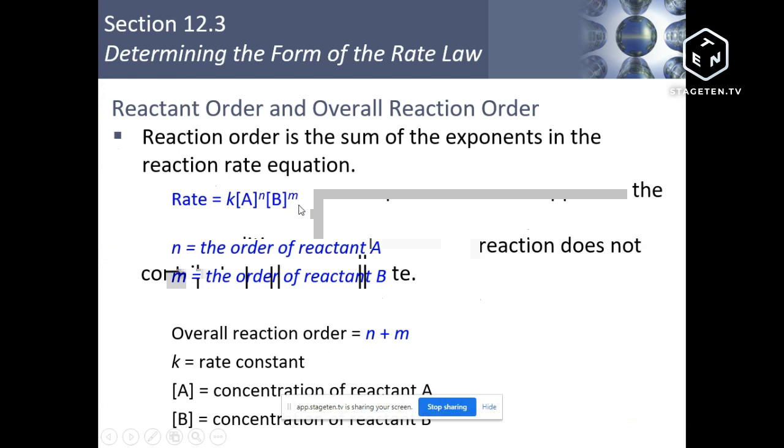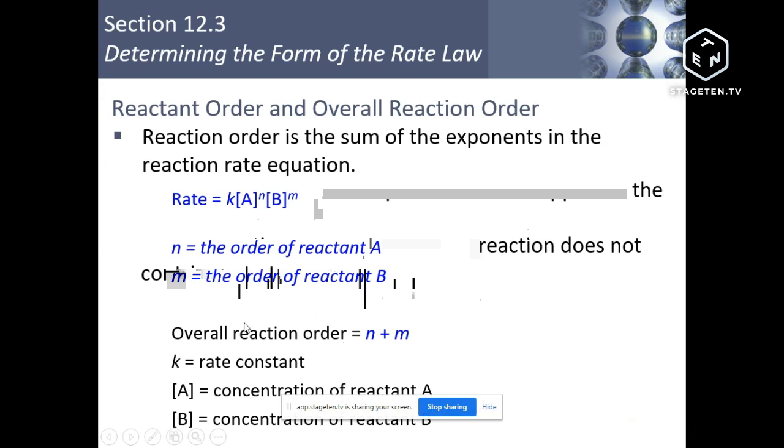Any other reactant would be zero ordered, because it's not included in the rate equation. So what does N represent in this setup? N is the order with respect to A. M is the order with respect to B.